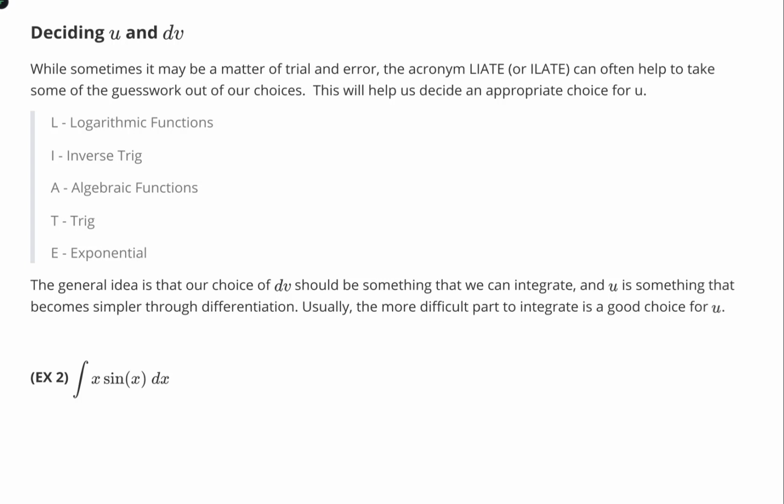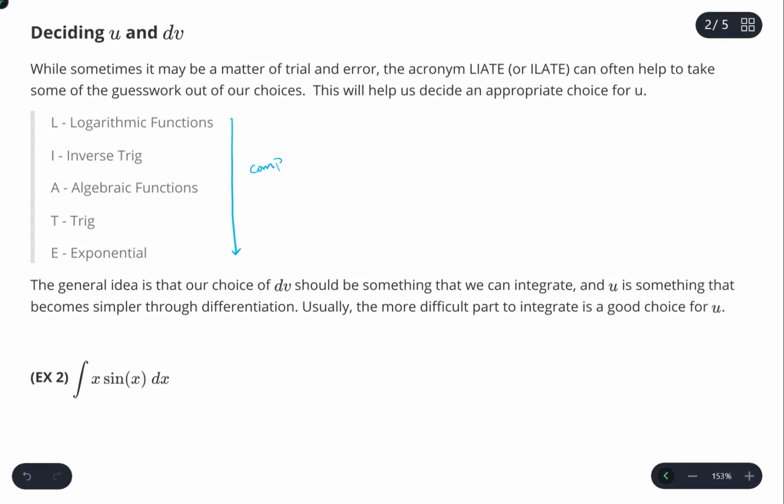So the idea is that these types of functions are ordered in how complex their derivatives are. So logarithmic functions, let me write that out, so the complexity of derivatives.